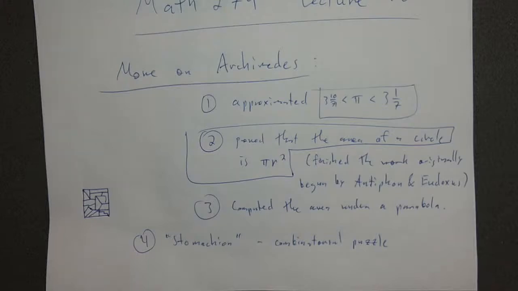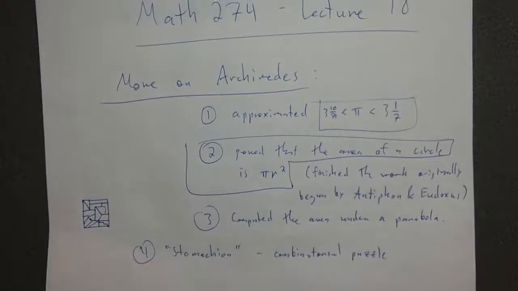Some of Archimedes' other works were translated by Arab translators. Well, I should say Arab or Islamic translators more generally, because there are a lot of Persians in there as well. So Muslim translators preserved some of Archimedes' work. Some others were lost until much more recently. That's where the Archimedes palimpsest comes in.